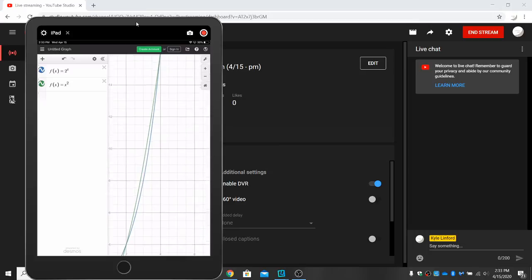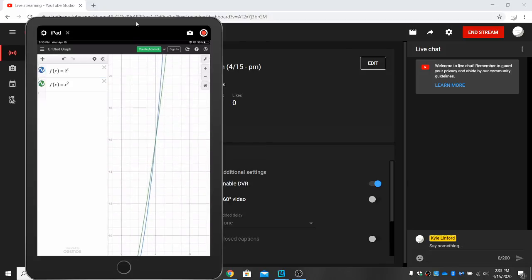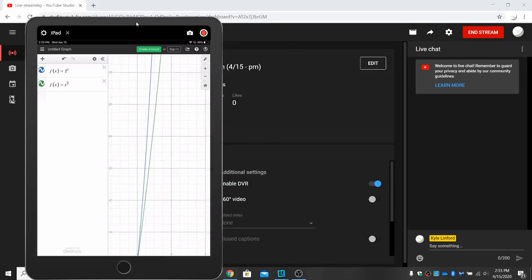But wait a minute. Look what happens up here. Right at this point, when x is 4, they start to separate. The blue graph, the exponential, is now on top of the green. This one is increasing much faster.